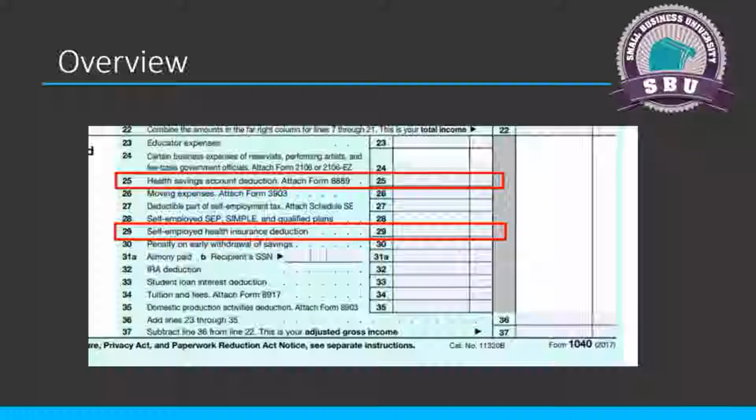Let me also say this. Many businesses don't have health insurance, meaning maybe the spouse has a plan through their work where the entire family is covered by health insurance. Many business owners will forego health insurance, having nothing to do with the tax implications of it, but just having to do with they can't afford it, the penalties, and some of the penalties are going away now, but there are lots of reasons why business owners won't have it.